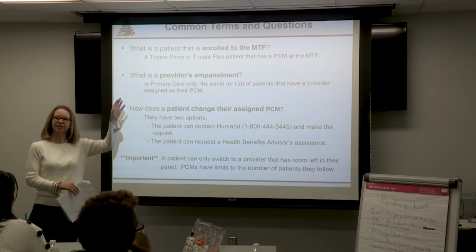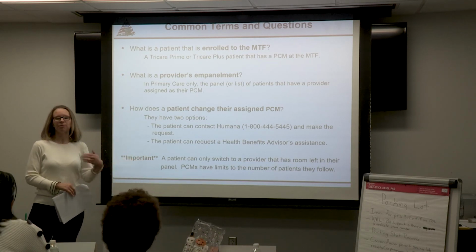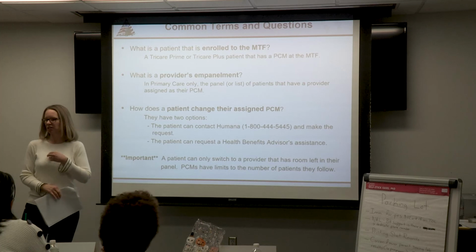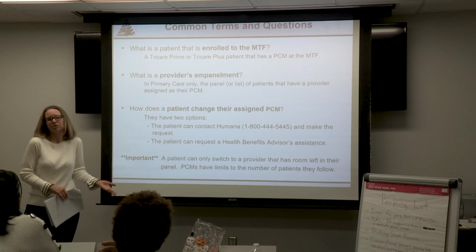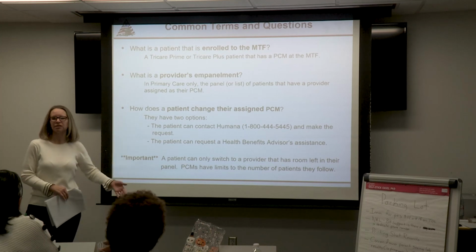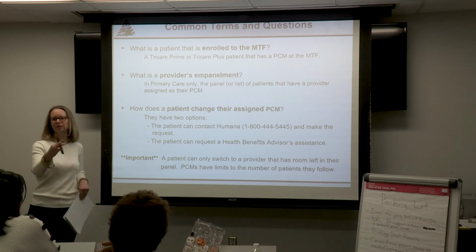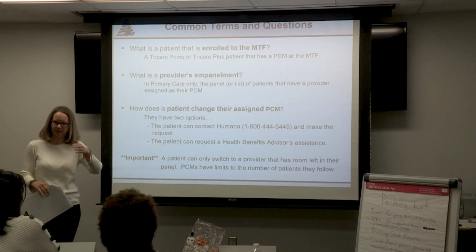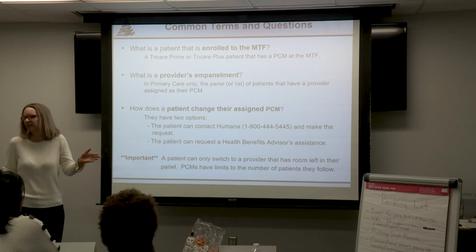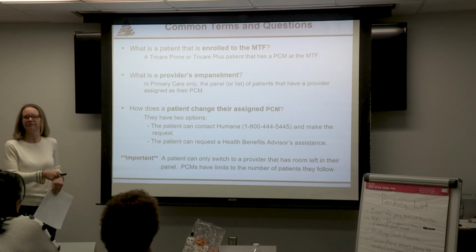So their panels have a cap or a limit. So if a patient wants to change to a provider whose list is already full, we'd have to say, I'm sorry, their panel is full, you'll hear that term, but we have these other PCMs that have availability or still have names on their potential list where they can be assigned. Any questions on any of that?